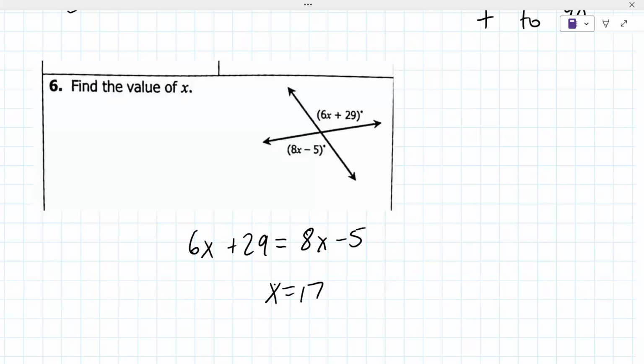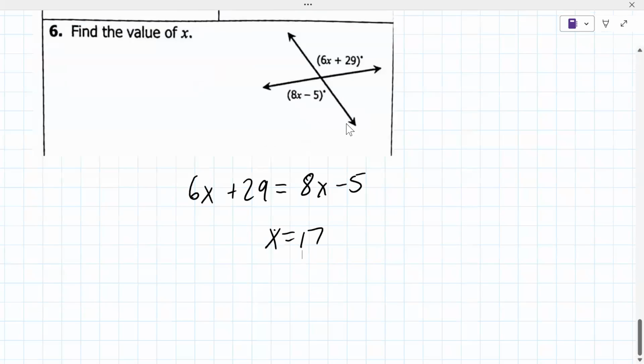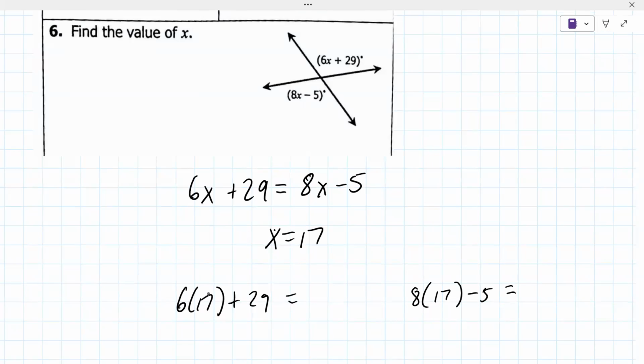Now here's how we can verify it's correct. We're going to put it back in to both of these. Could you do that for us and see if it's the same number? This is a good test taking strategy if you have time.